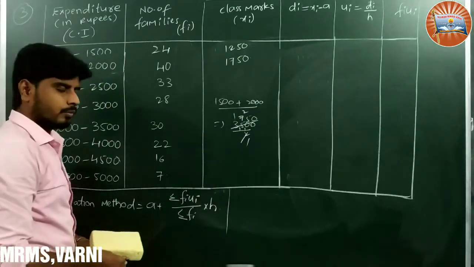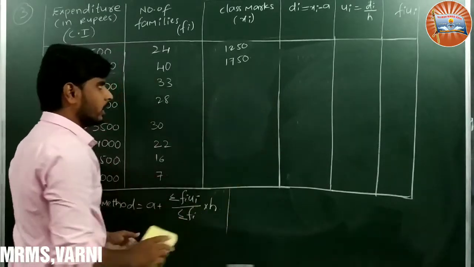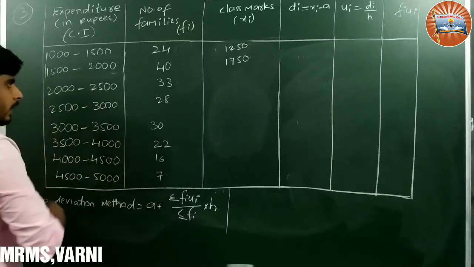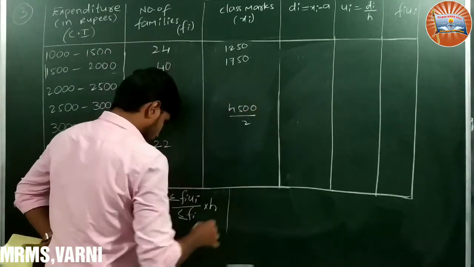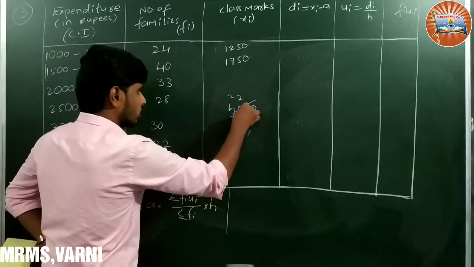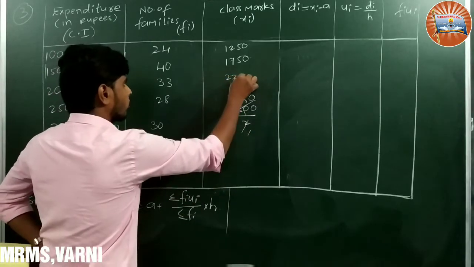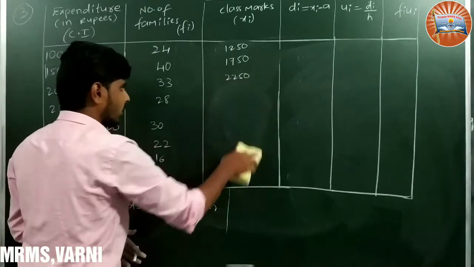Next, there is no place, that is why I am doing it here. Next, 2000 plus 2500, nothing but 4500 by 2. So 2250 is the class mark of the third class interval.